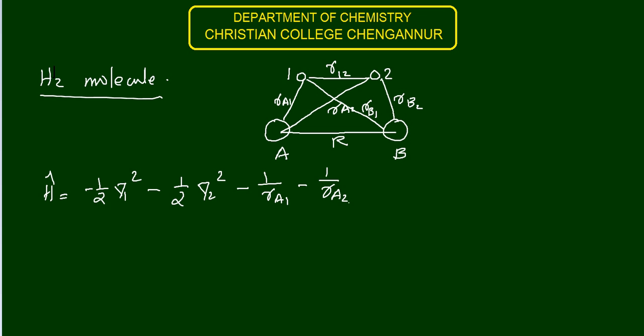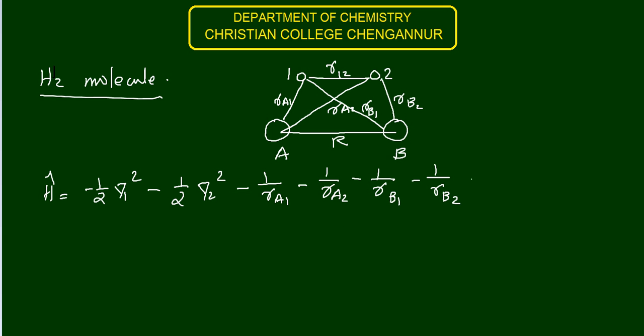RA2 represents attraction between nucleus A and electron 2. Then comes minus 1 by RB1, and then minus 1 divided by RB2. Okay, so these are the attractive potential terms in the Hamiltonian.